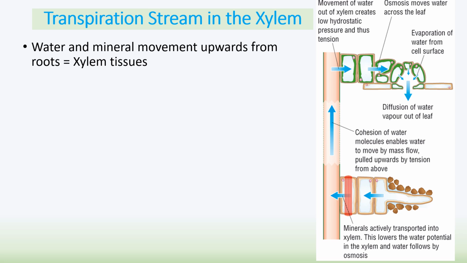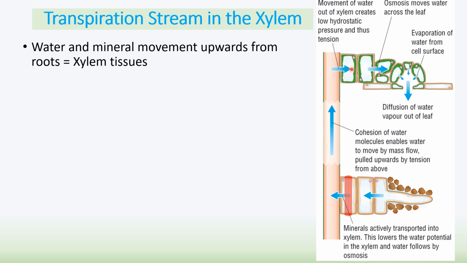If we look at this diagram, it shows you what exactly happens. As we said earlier, the water here in the mesophyll cells evaporates due to the heat. It builds up here as water vapor and then diffuses from a high concentration inside the leaf to a low concentration outside the leaf. By the water evaporating here, that lowers the water potential in these cells. So then water moves from high to low concentration here, and again from here to here, setting up a water potential gradient.